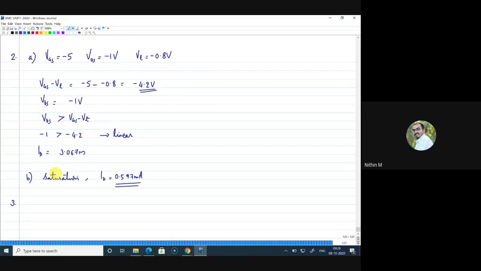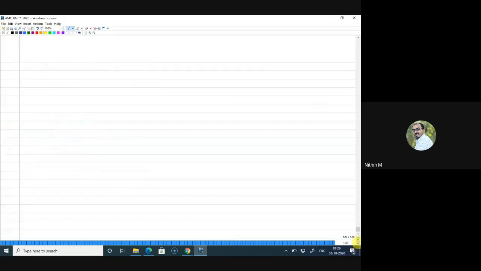For others who are wondering how to solve this question, it is given that VDS is equal to 0.1 volt, and the transistor is operating in the linear region. These two things we know.